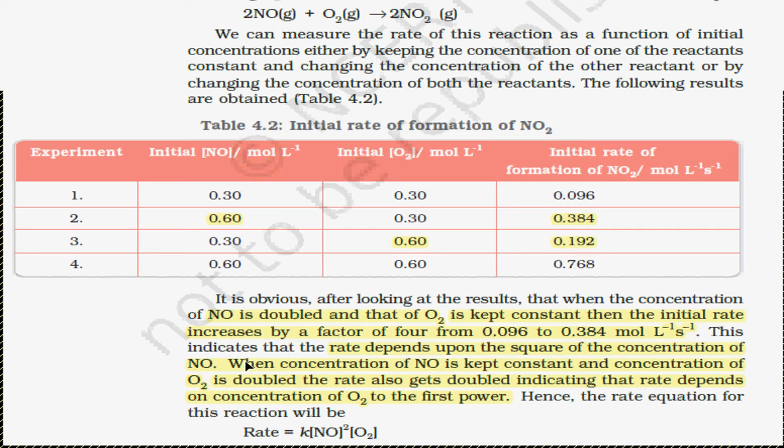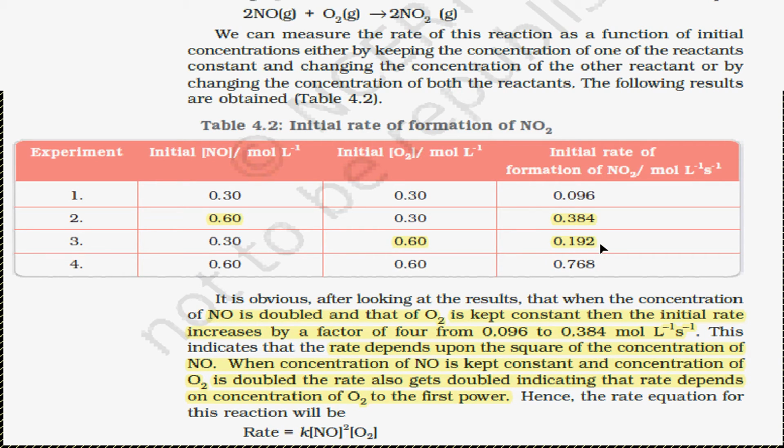Now in the third one, concentration of NO is kept constant and concentration of O2 is doubled. Here you can see concentration of NO is 0.30 and concentration of O2 is 0.60, that is doubled. The rate also gets doubled.